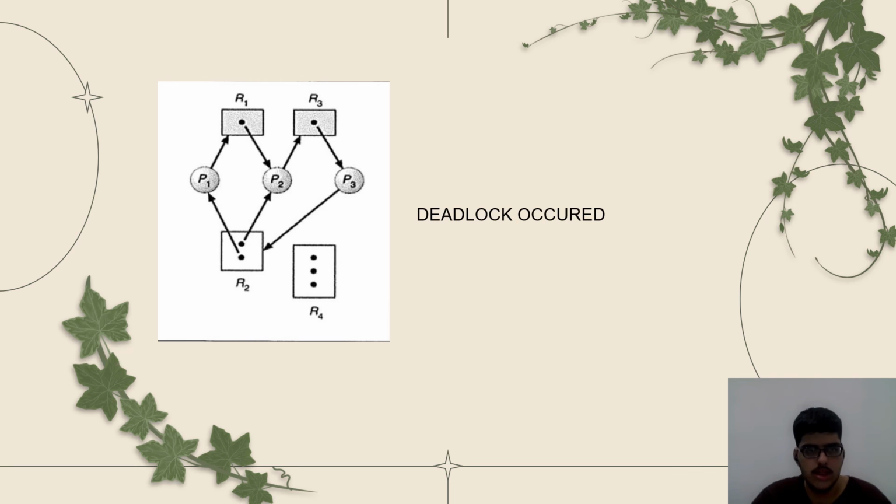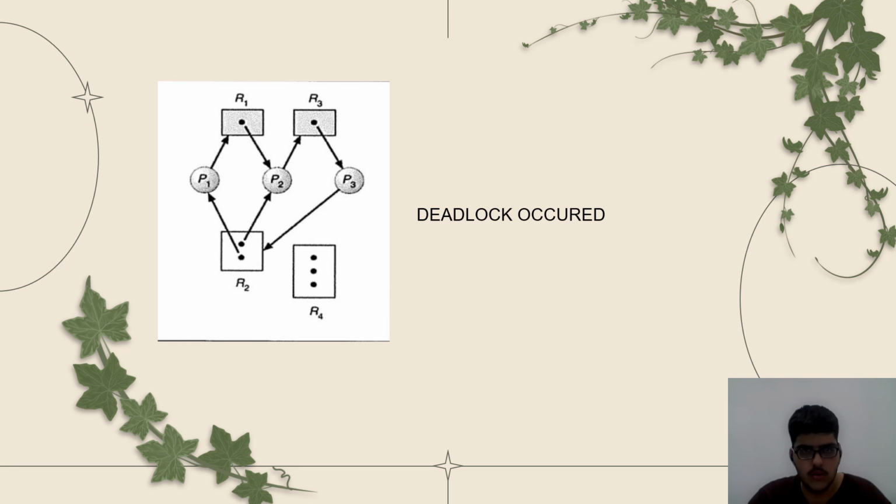I will explain why there is deadlock. P1 requests R1 and is held by R2. R1 is assigned to P2.